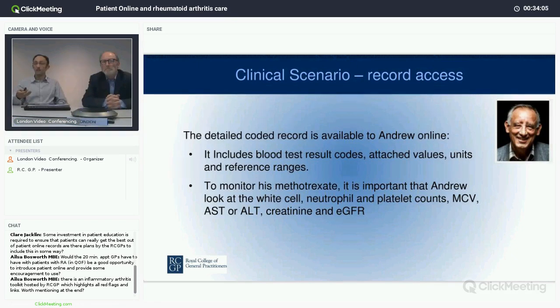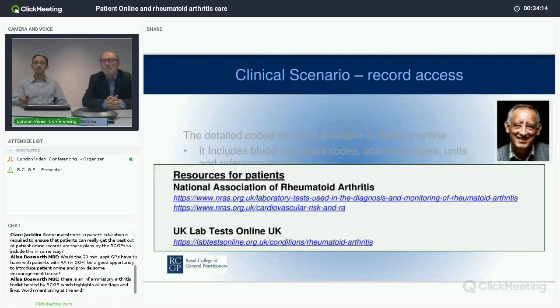And because he'll have an understanding already of what they mean from his contact with secondary care and having rheumatoid arthritis in the past.